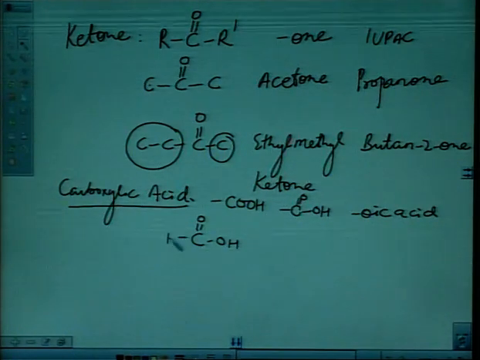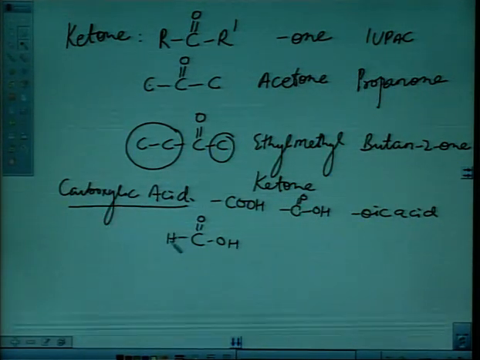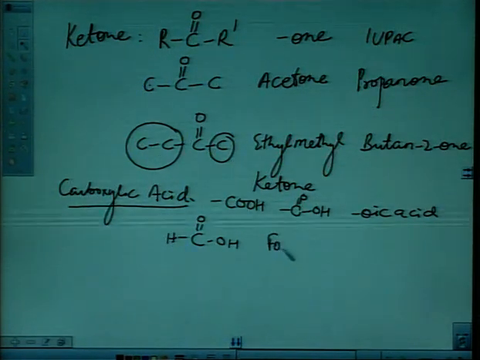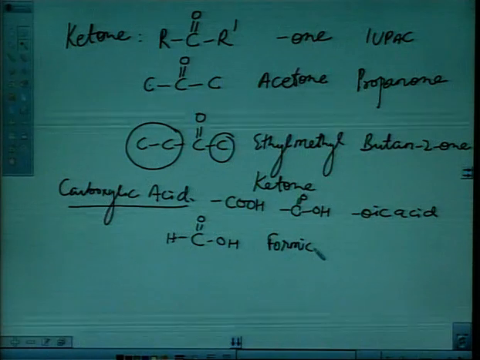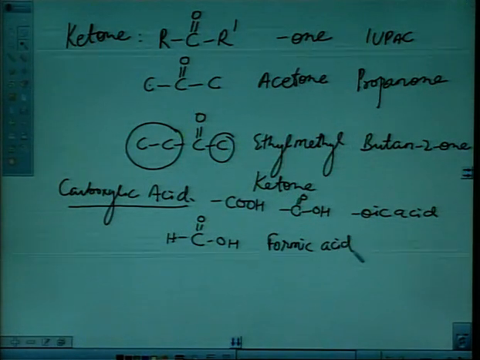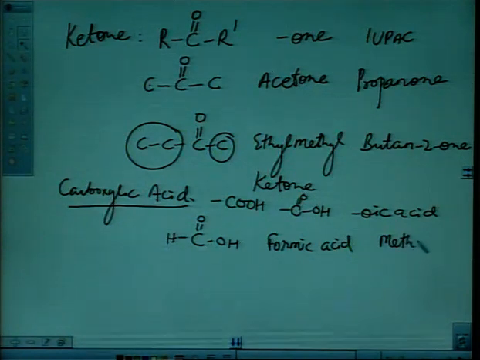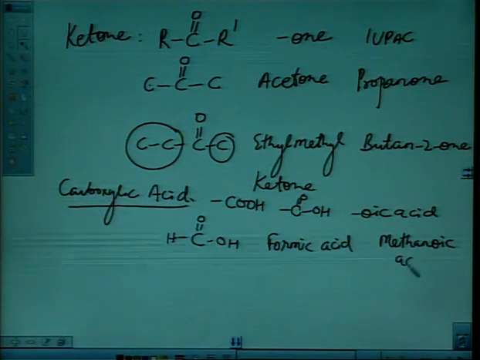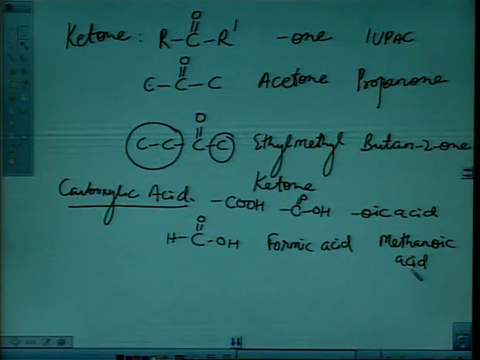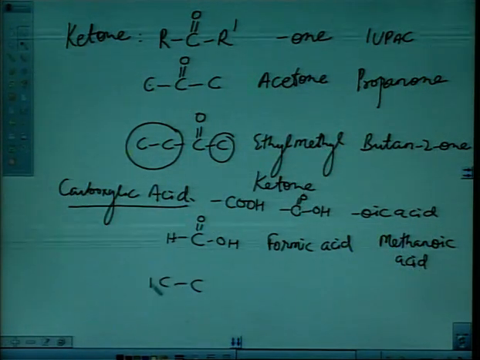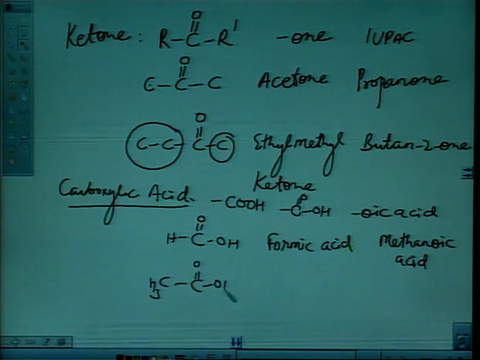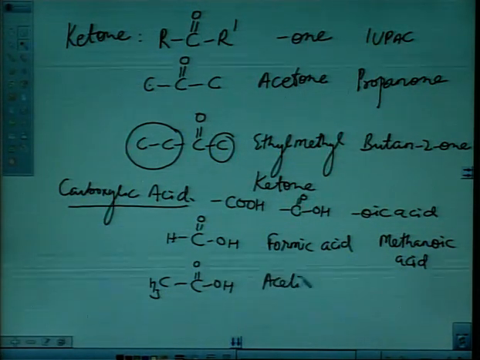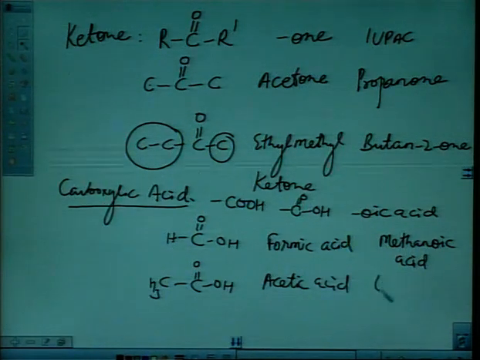The common name is formic acid, and the IUPAC name is methanoic acid for 1 carbon. Oic acid is the suffix. For 2 carbons, the common name is acetic acid, and the IUPAC name is ethanoic acid.